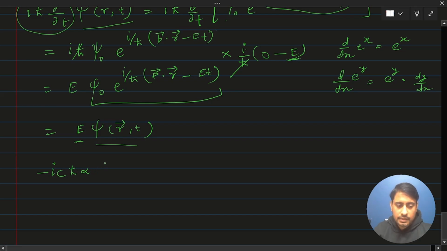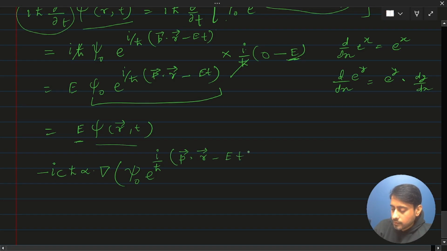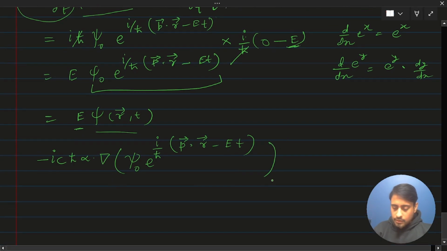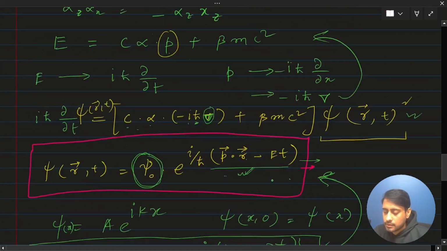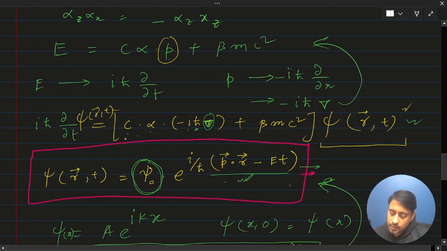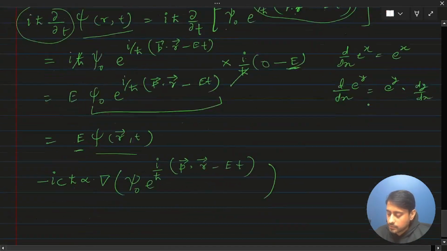So alpha and then the nabla, and the wave function on which it will act: psi naught into e to the power i over h bar, p dot r minus Et. This operator will act on this expression, and we are calculating this term for now, how it acts on the wave function.